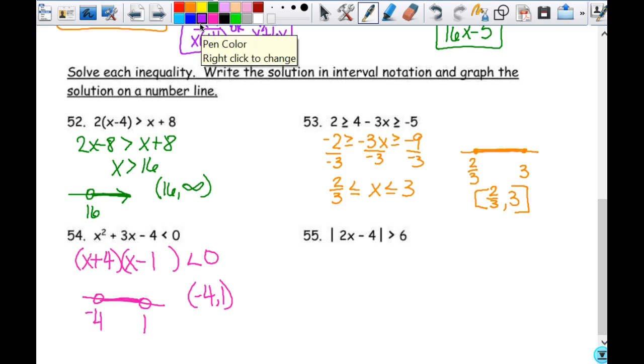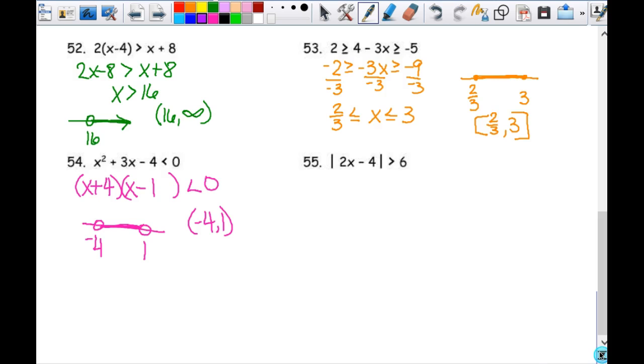All right, absolute value of 2x minus 4 is greater than 6, and so that's going to mean that 2x minus 4 is less than negative 6, or 2x minus 4 is greater than 6.